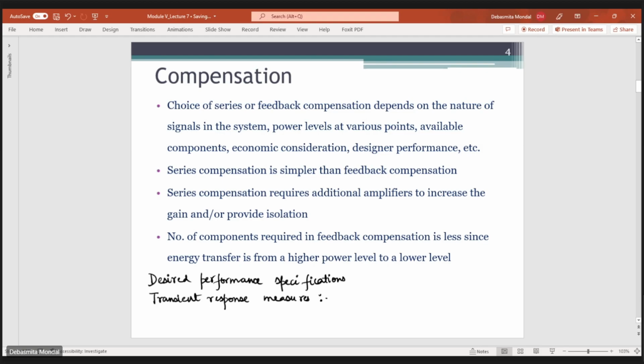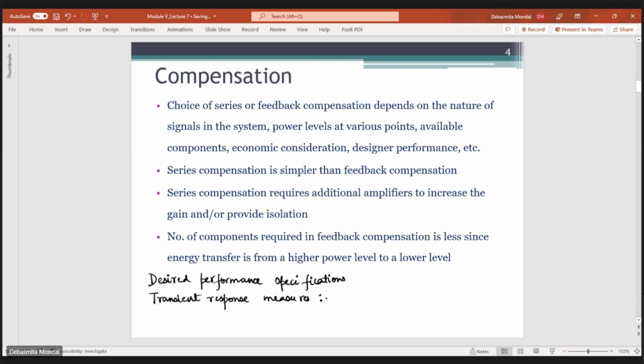Now the steady state error is generally specified in terms of the static error constants which we have talked about. The values of these error constants, Kp, Kv and Ka, define the steady state error of a particular system for a specific set of input.